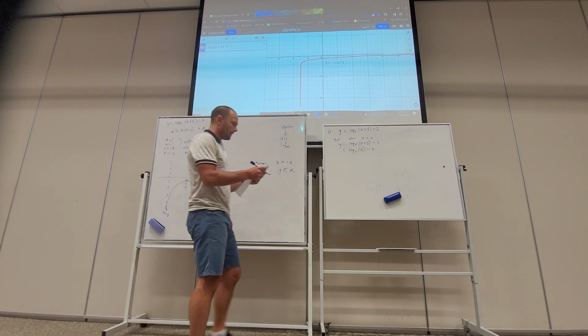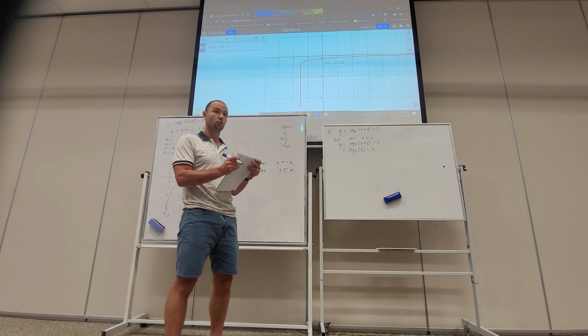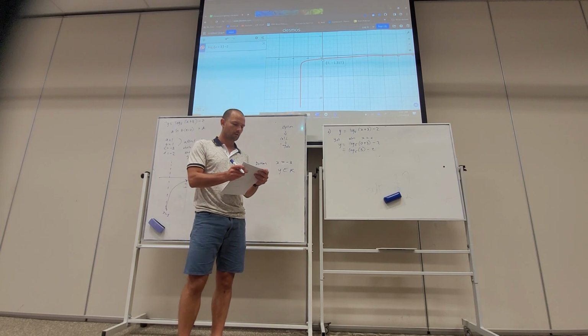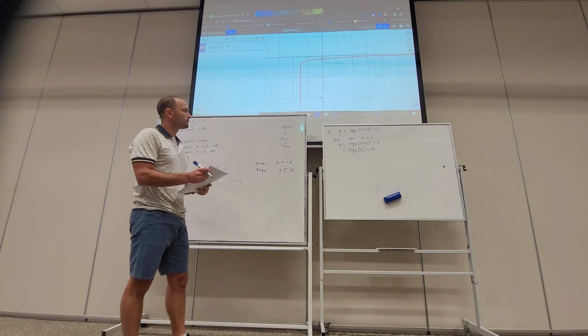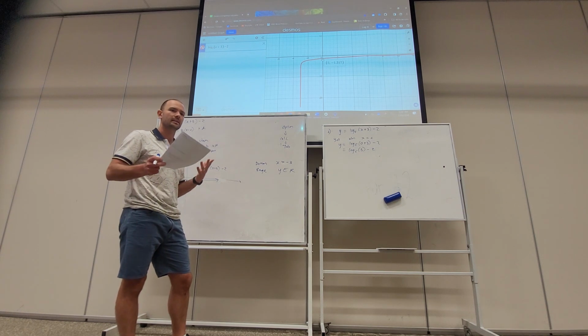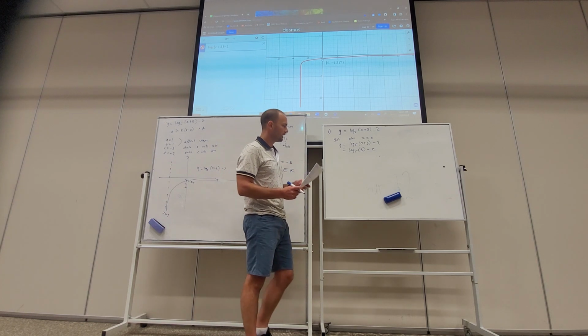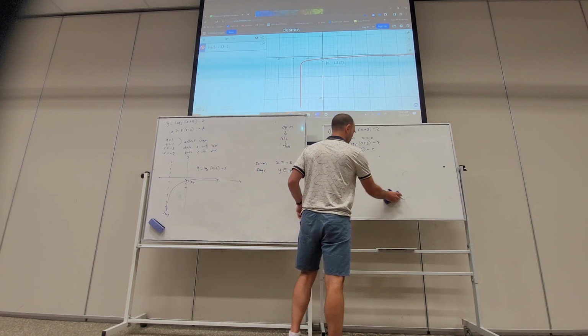Okay, part E. Find the value of x when y is 2.3. Now, we've got two strategies we could use again. We could just use our calculator, but we can't see it on our calculator, right? We want to know the value of x when y is 2.3. Let's use the algebraic approach.